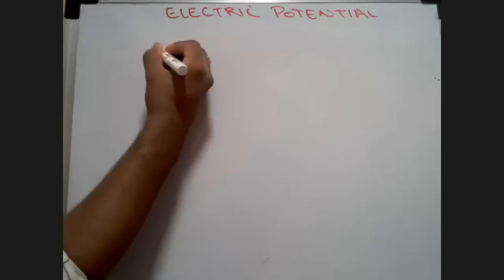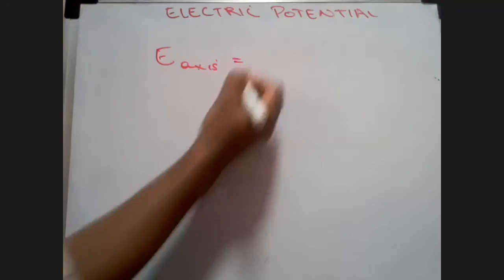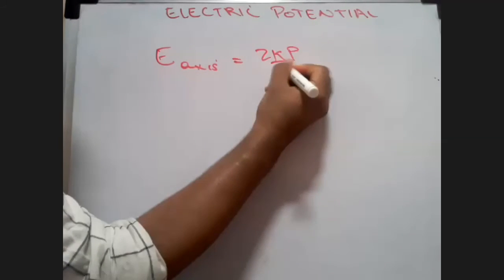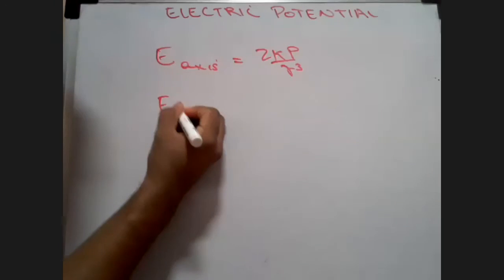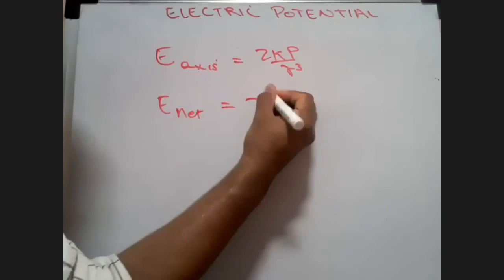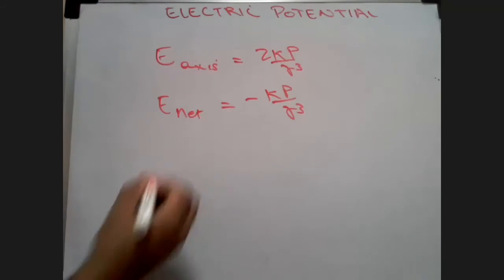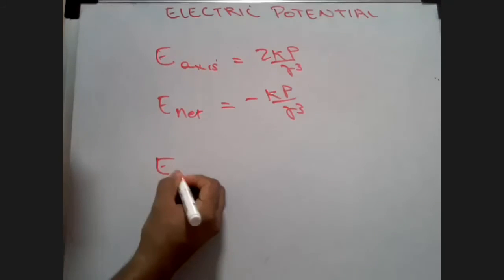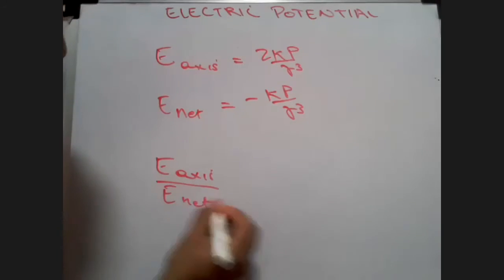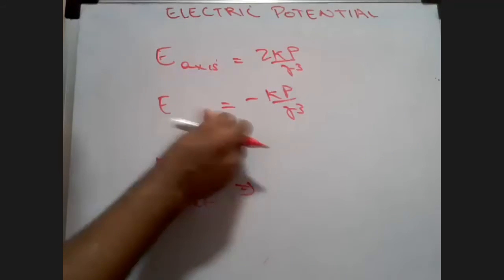E on the axis is 2kp upon r cube. And E on the bisector, E net, was minus kp upon r cube. What is going to be the ratio E axis upon E bisector? I'll write E net. You can write bisector, because right now it's not specific. So I'll write this.